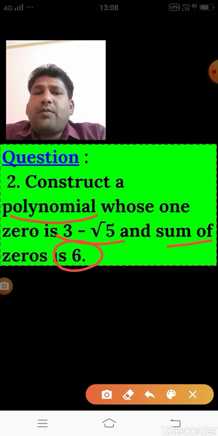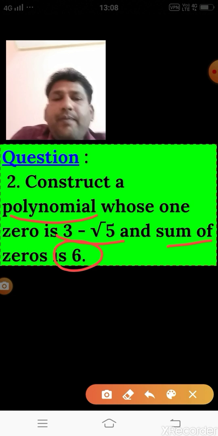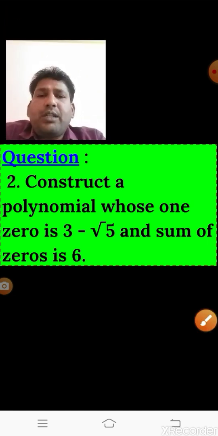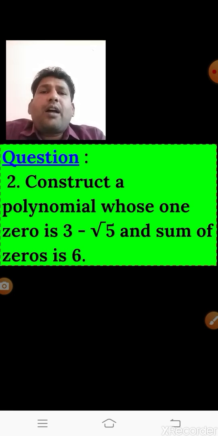And the sum of the zeros is given 6. Sum of zeros means alpha plus beta is given 6. And if you are forming a linear equation by using this concept, because the 1 zero is given and out of the two values in the relation alpha plus beta, one value we have, means we are getting a linear equation here, and on solving that linear equation we are getting the second zero.